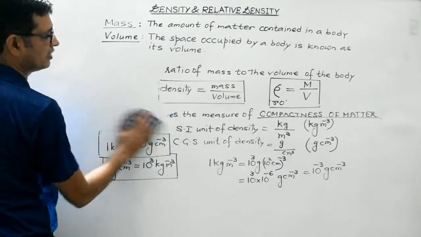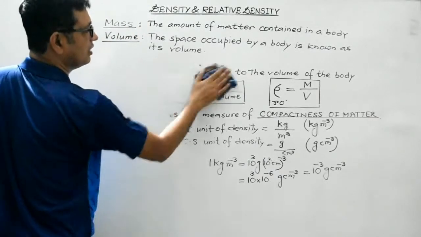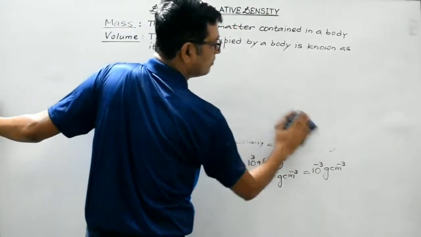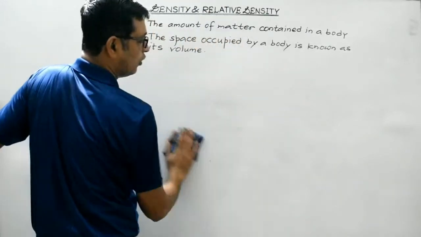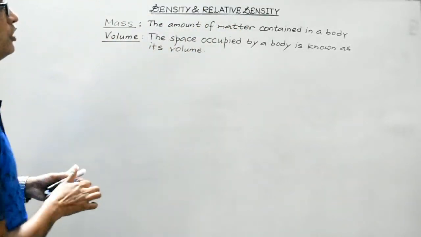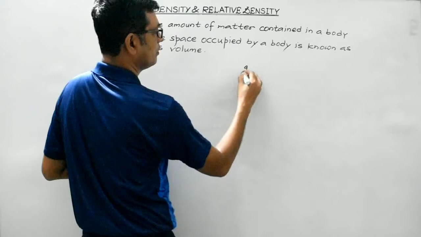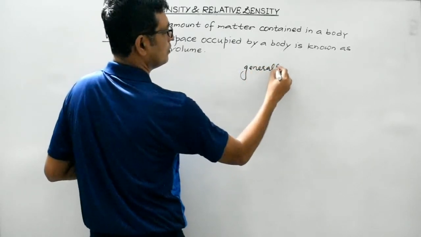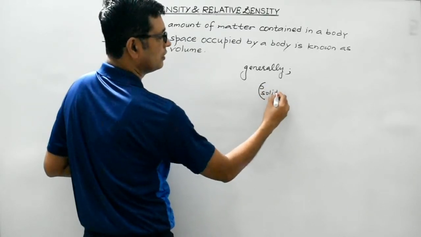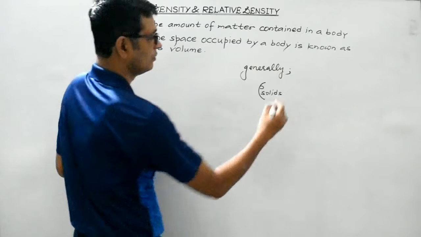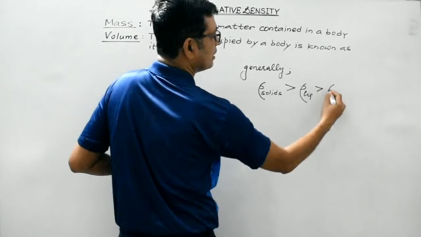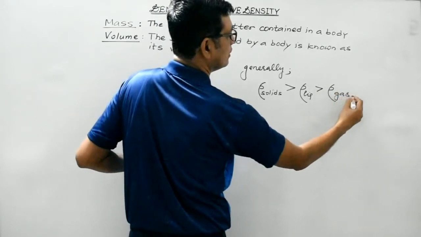That will give you an idea regarding the compactness of matter in those bodies. As I have told you, students, the density of solids is generally maximum, while the density of gas is minimum. So generally, this is the order: the density of solids is greater than the density of liquids, which is greater than the density of gases.